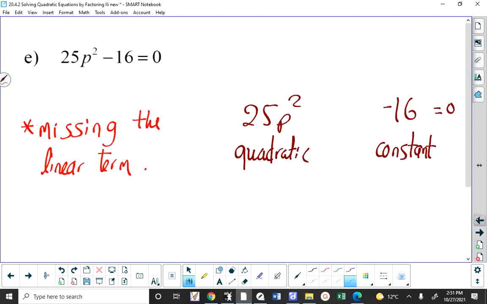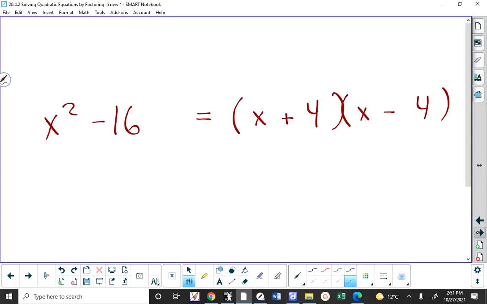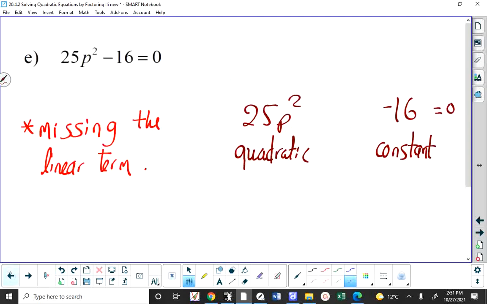How is this helpful? Well, how do we factor 25p squared minus 16? I should back up. This was a difference, and x squared was a square, and 16 is a square, so it's a difference of squares. Is 25p squared minus 16 a difference? Yeah, because it's minus.